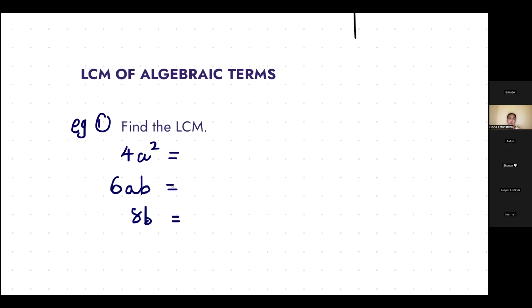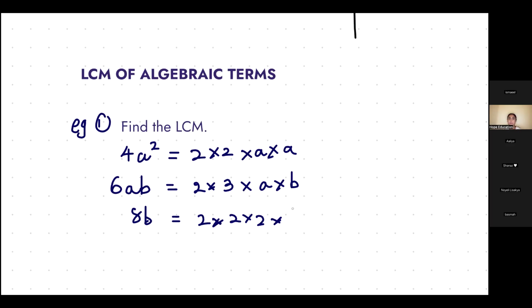Now if you take 4, it means 2 times 2, and then a squared means a times a. 6 is 2 times 3. Here we have a and b, so a times b. 8 means 2 times 2 times 2, and b.